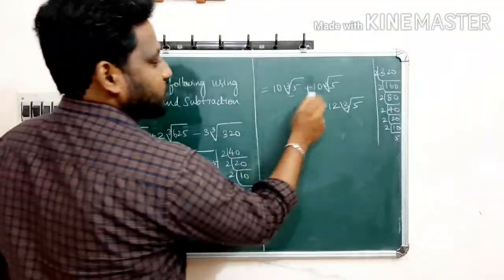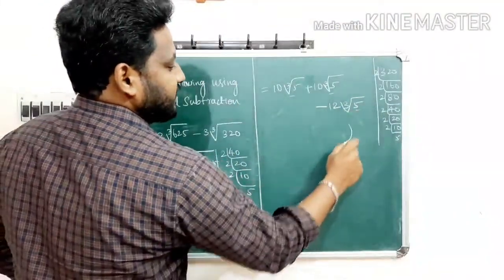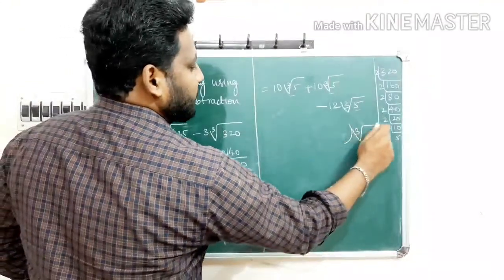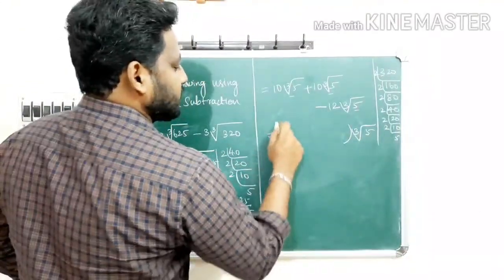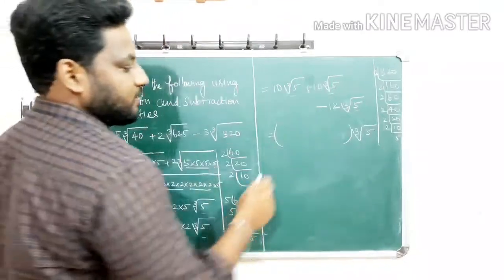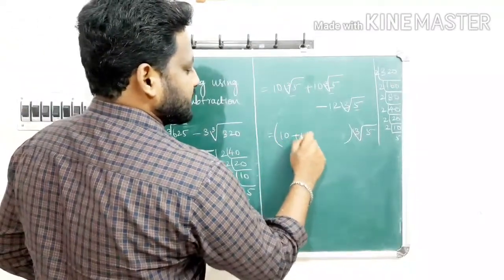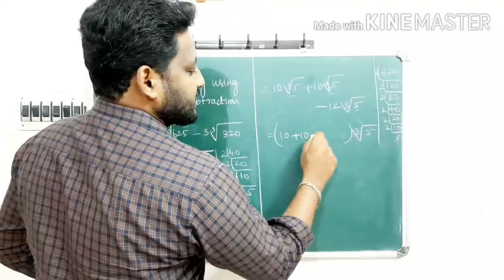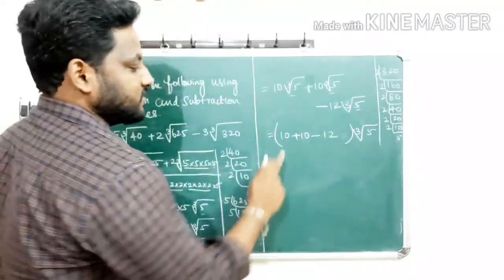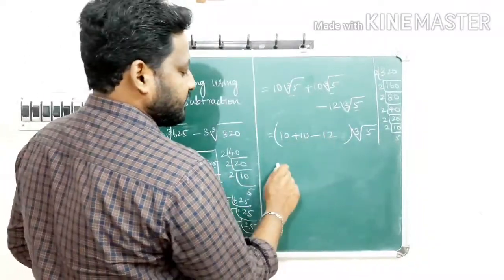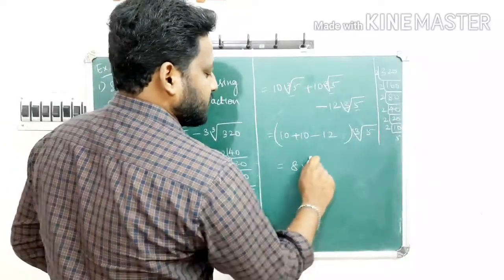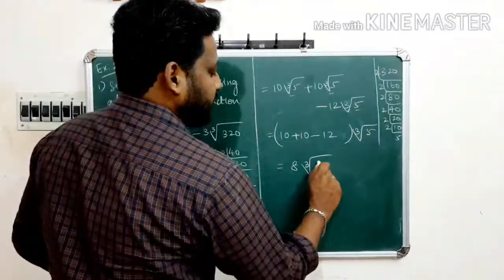So now look at this, cubic root of 5 is common. So we take cubic root of 5 common, and the rest of the numbers are 10 plus 10 minus 12. So 10 plus 10, 20, 20 minus 12, which is equal to 8 cubic root of 5.